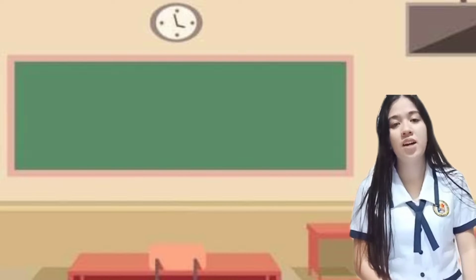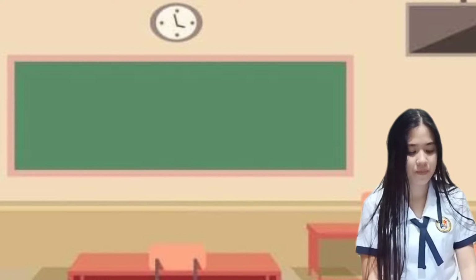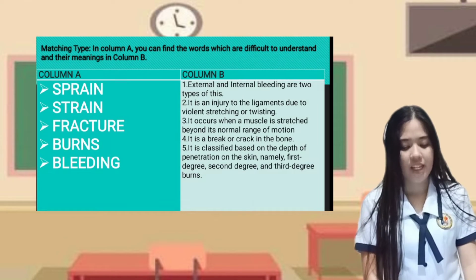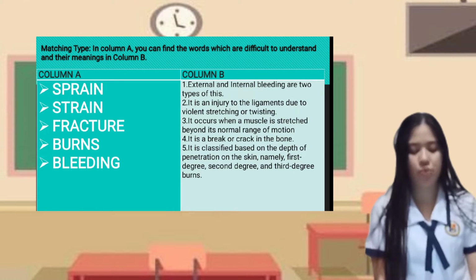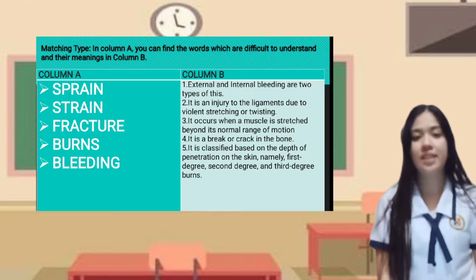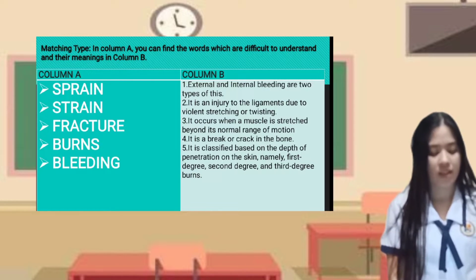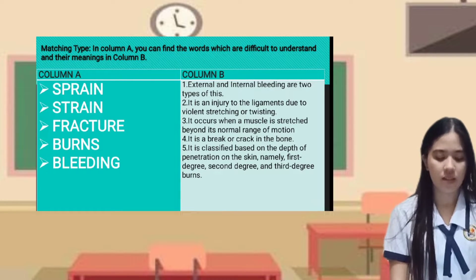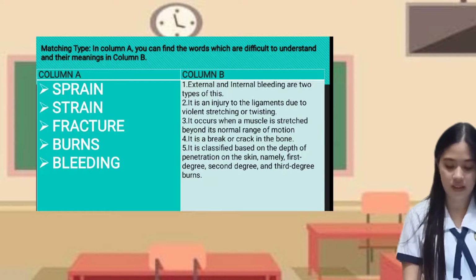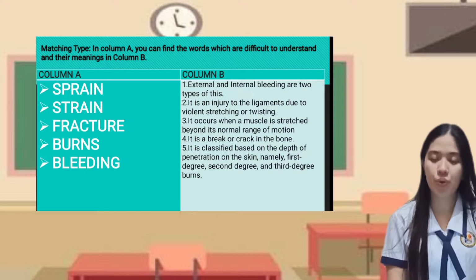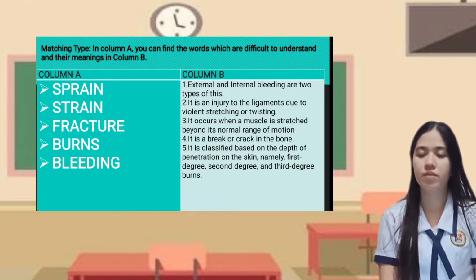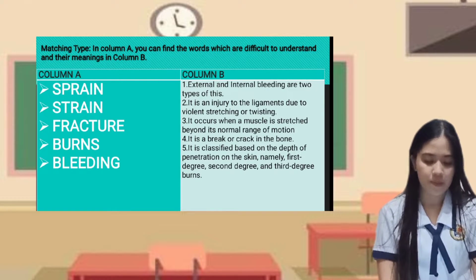So let us have a matching type. In column A, you can find the words which are difficult to understand and their meanings in column B. Let's start. Now, who can match the first word? Okay, very good.